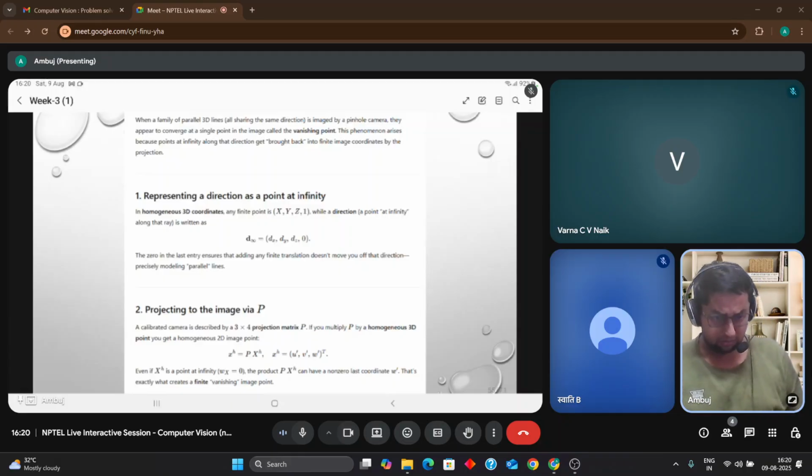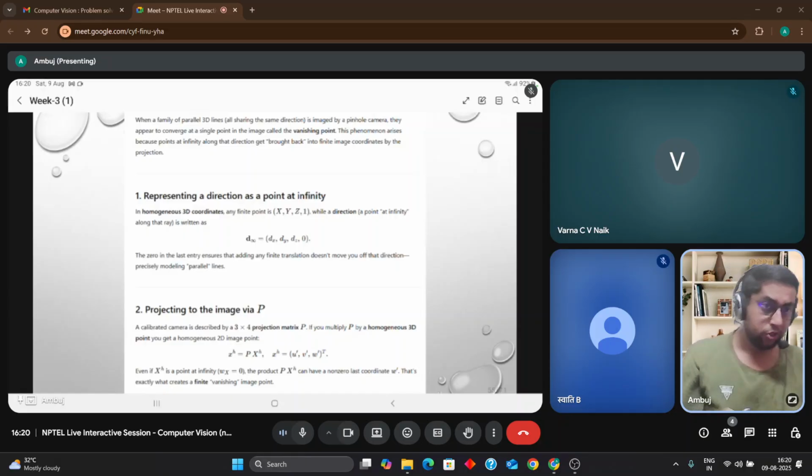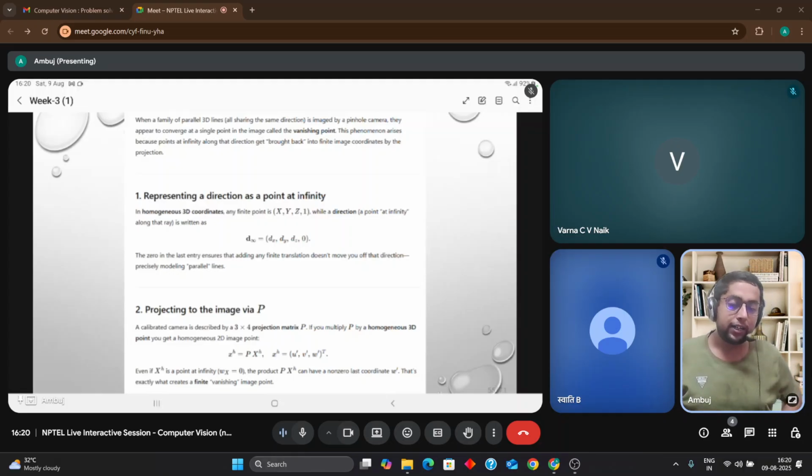Representing a direction as a point at infinity in homogeneous 3D coordinates, any finite point is x, y, z, 1, while a direction, a point at infinity, is written as d infinity: dx, dy, dz, 0. The 0 in the last place ensures that adding any finite translation doesn't move the direction, precisely keeping the lines parallel.